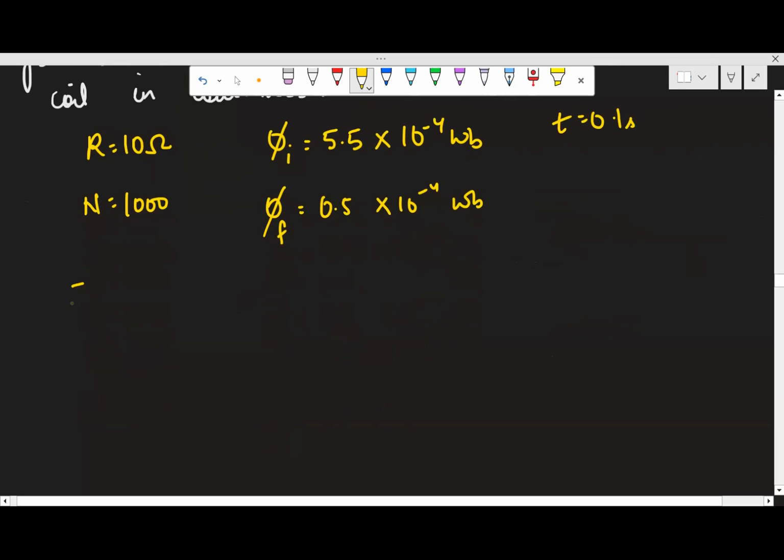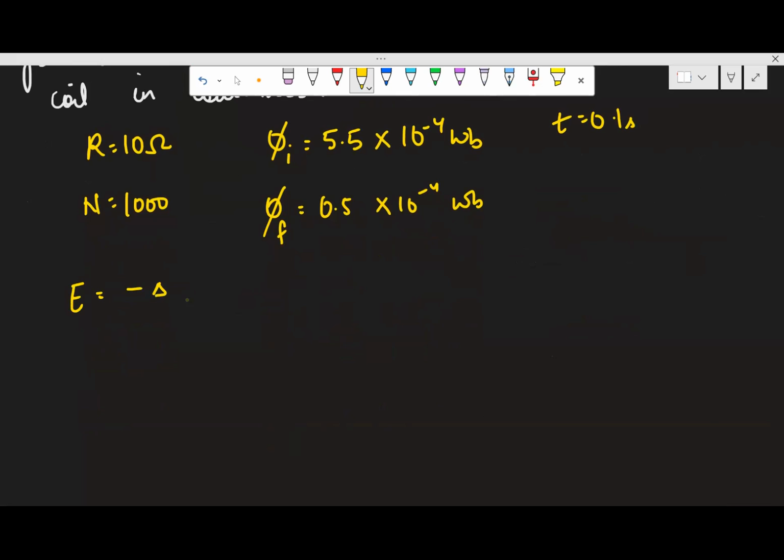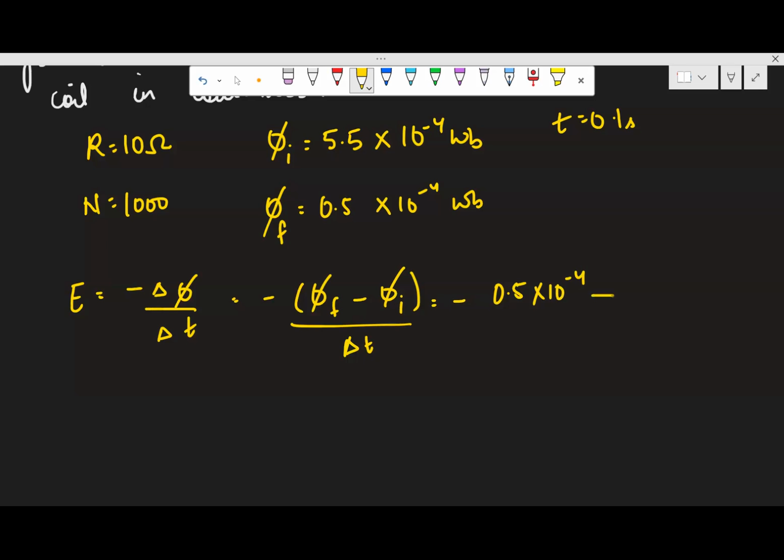See, EMF is equal to minus delta phi over delta t, because initial and final is there. So we will take out the difference: final flux minus the initial flux divided by the change in time. So minus, final flux is 0.5 into 10 to the power minus 4, minus initial flux is 5.5 into 10 to the power minus 4, divided by the time, 0.1 seconds.